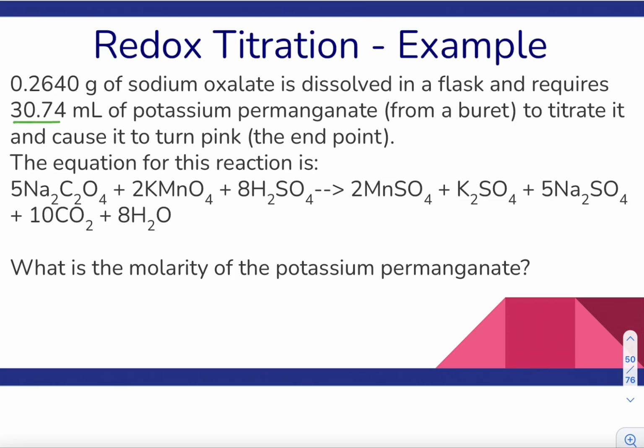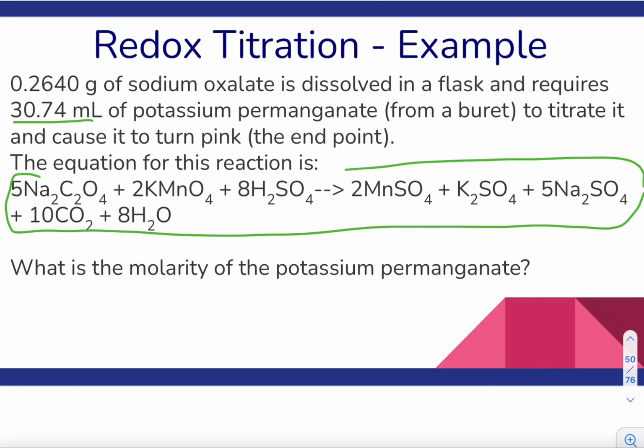And it requires this much potassium permanganate to titrate it. Here is the overall crazy pants equation for this reaction. Okay, we will need that because we will be using coefficients for stoichiometry. The question is, what is the molarity of the potassium permanganate?